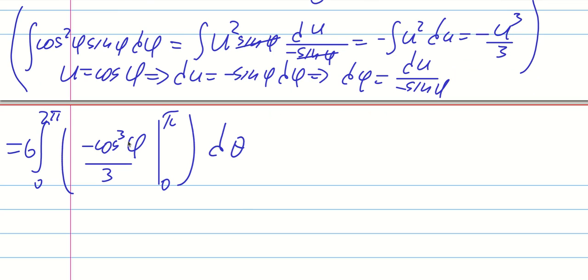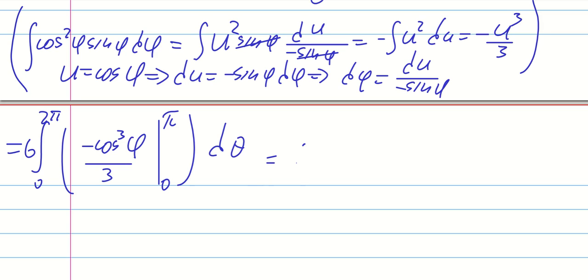So we plug in pi first. Cosine of pi is -1, and -1 cubed will give us -1, so minus and minus will go away.